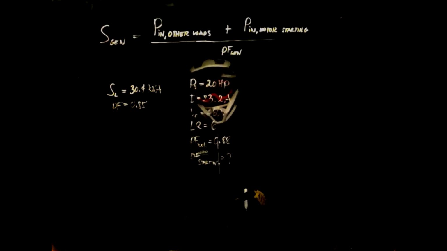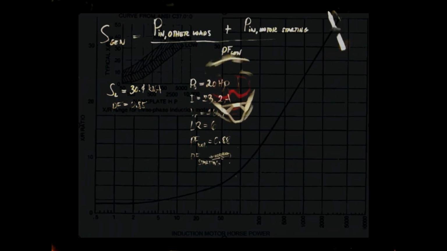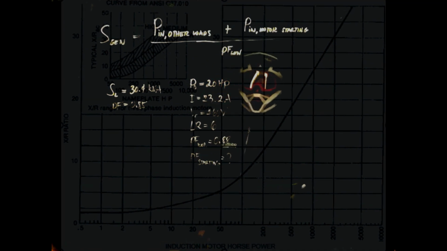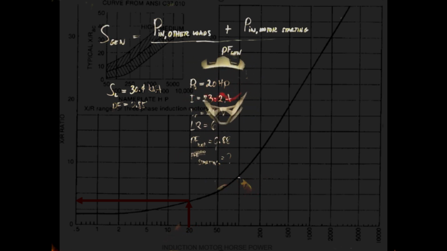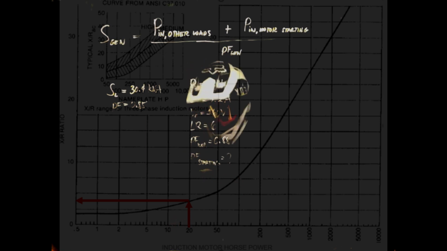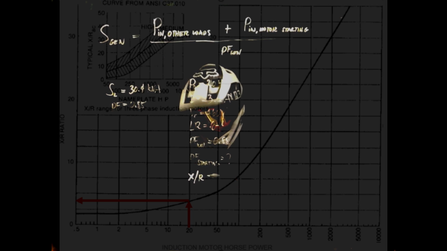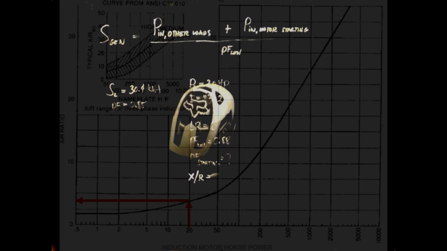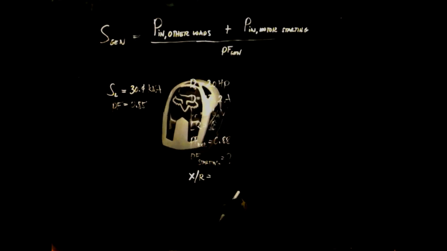So from IEEE table, check this out. So we're going to check the horsepower across the X over R. So we can see that the X over R is 3.75.